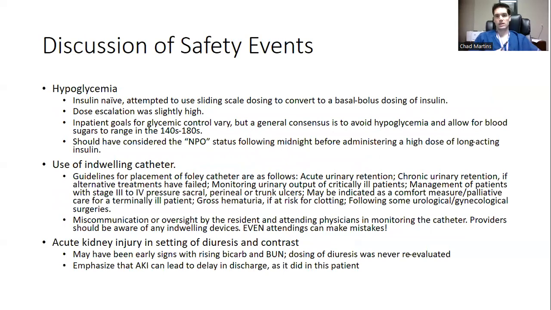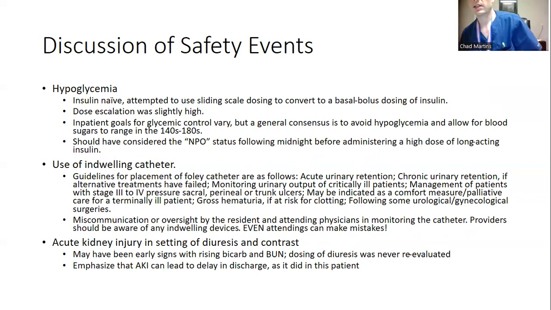So the first one is that the guy became hypoglycemic the morning he was supposed to have a stress test. This is probably mostly due to provider-based knowledge issues, where they escalated the sliding scale and basal bolus to be too high based on how much he was receiving. And then also not adjusting for the fact that he was going to be NPO.